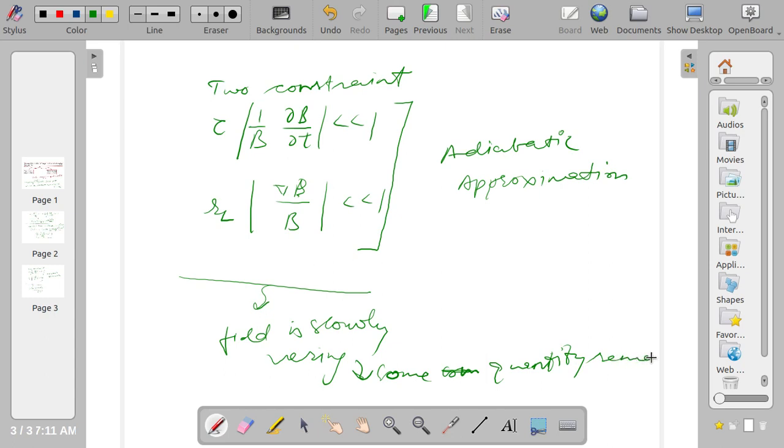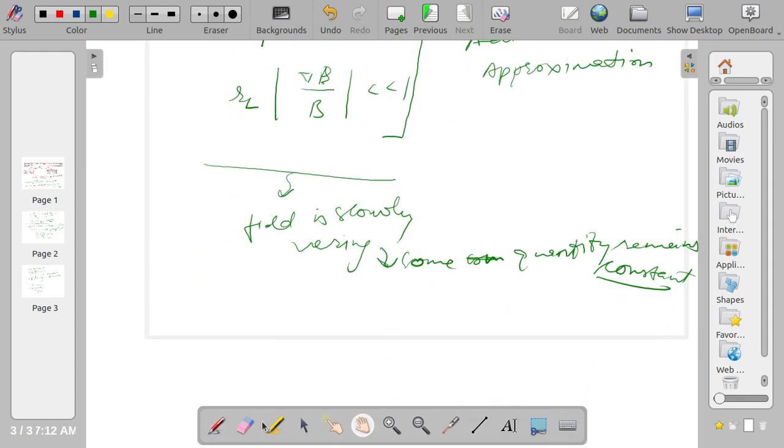The quantity which remains constant is the magnetic moment. So we have to prove in these articles that the magnetic moment remains adiabatically constant. That's why it is known as the adiabatic approximation.